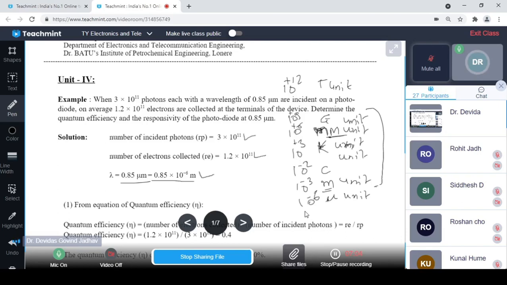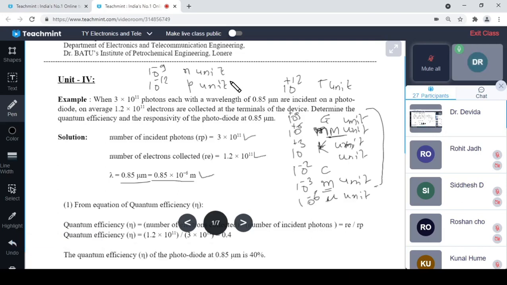Then 10 raised to minus 9 is nano: nano unit. 10 raised to minus 12 is small p, pico: picofarad, picoampere, a very small current. 10 raised to minus 15 is femto.